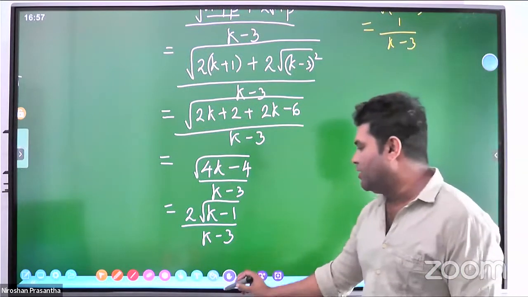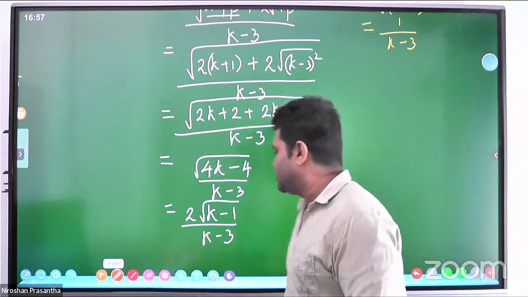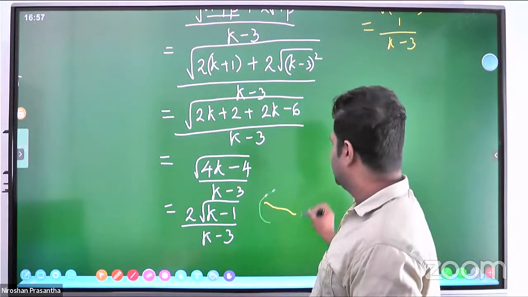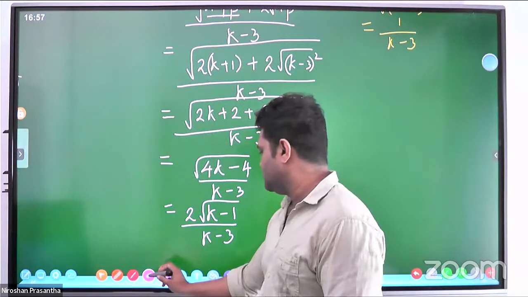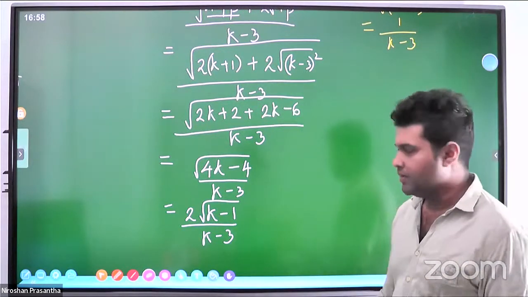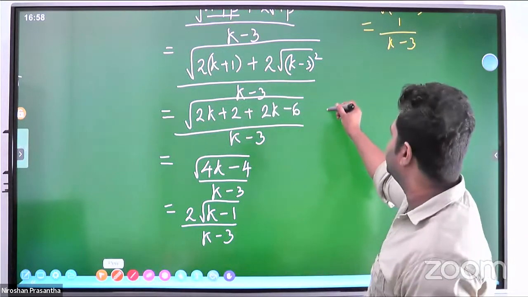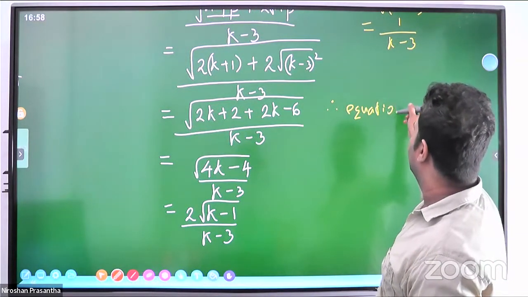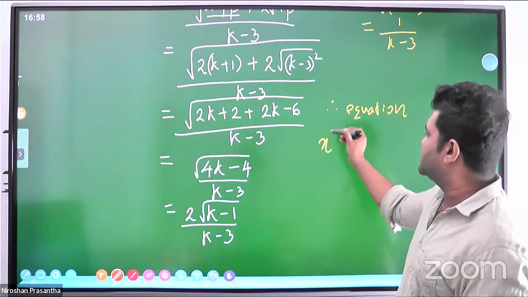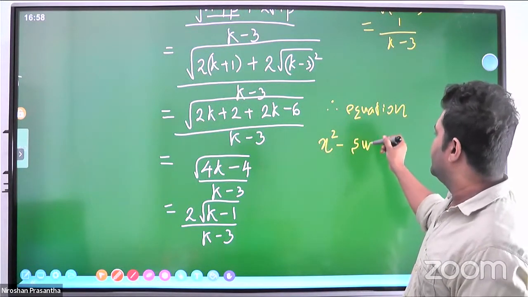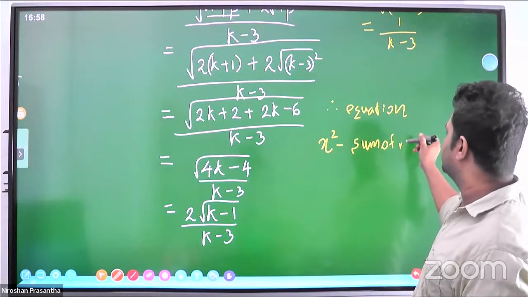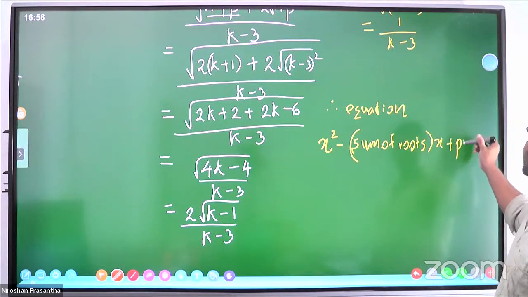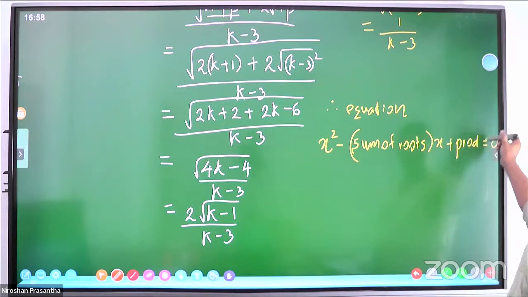Therefore, you can write down the equation. Therefore, the equation is x square minus sum of roots times x plus product equals 0.